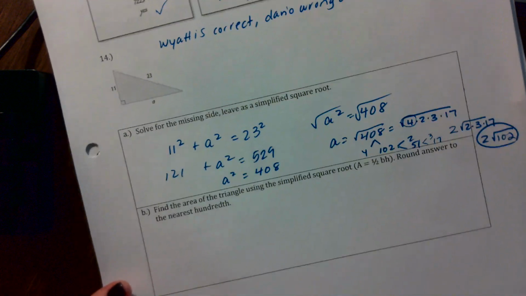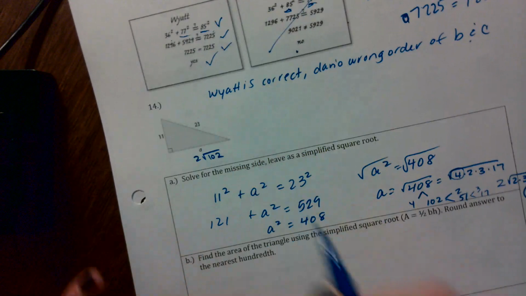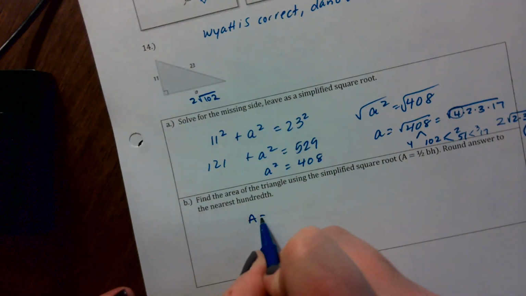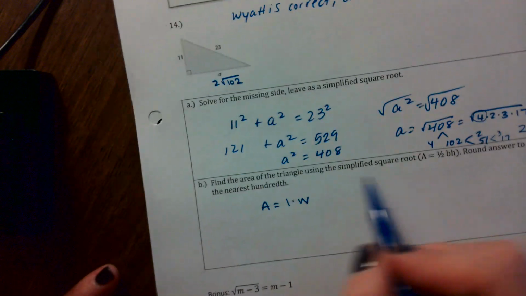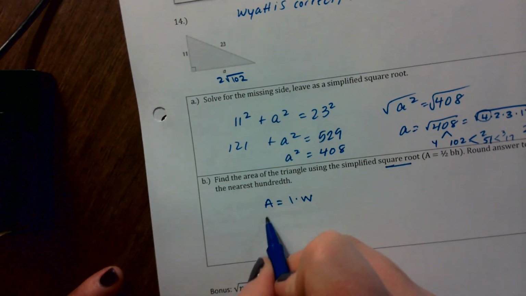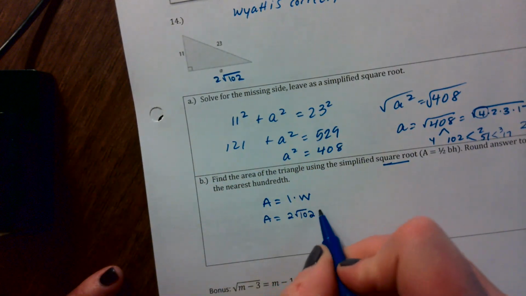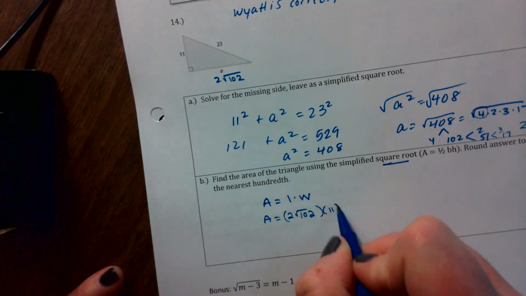Okay. Now that's the side of this triangle, 2 root 102. It asks then to find the area of the triangle using that simplified square root. Now round answers to the nearest hundredth. So the area is the length, which is 2 root 102, times the width, which is 11.